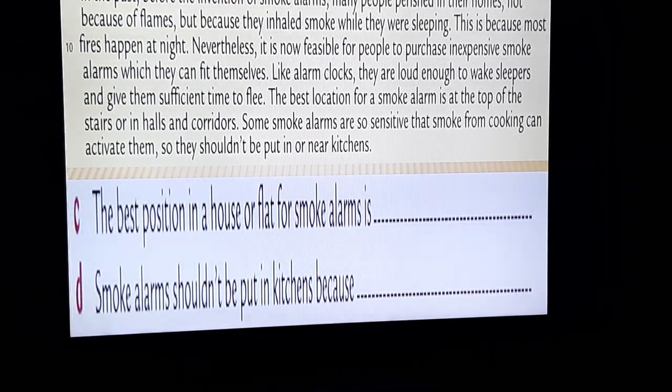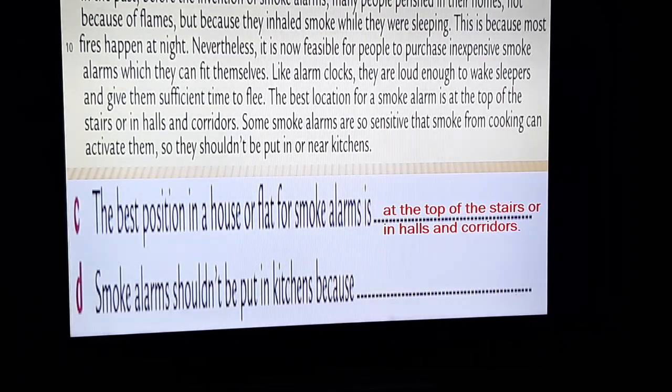Try to skim, to read quickly, to find the answer. Now I'm reading with my eyes. The best location for a smoke alarm is at the top of the stairs or in halls and corridors. At the top of the stairs or in halls.